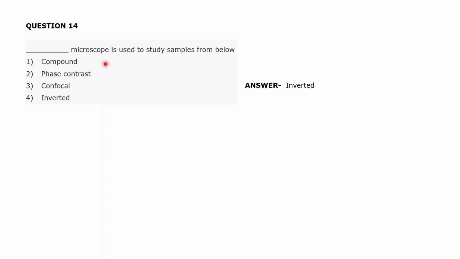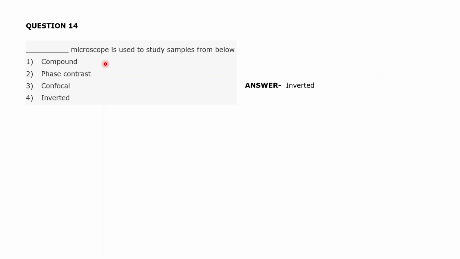Then it moves into the objective lens. So there is a light source, a condenser and a diaphragm, and light hits the specimen and reaches the objective lens. From the objective lens it moves up with the help of mirrors or lenses, then into the eyepiece. So you can visualize it directly with your eye, or you can record it on a computer.